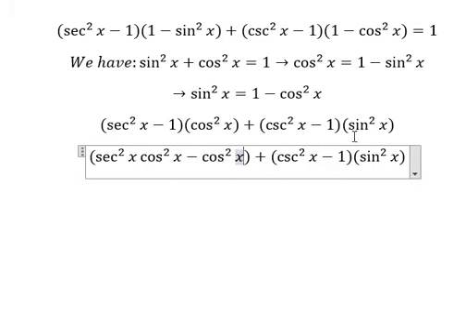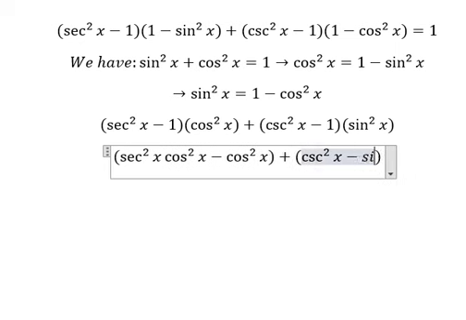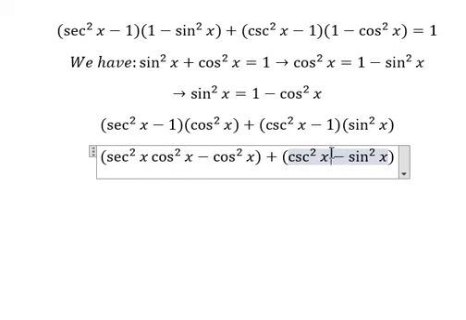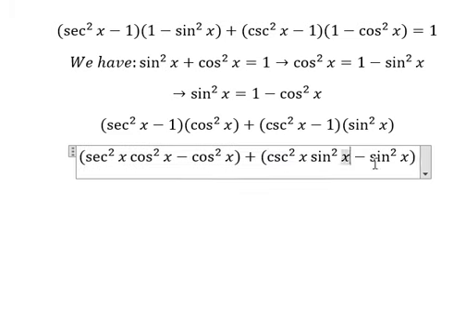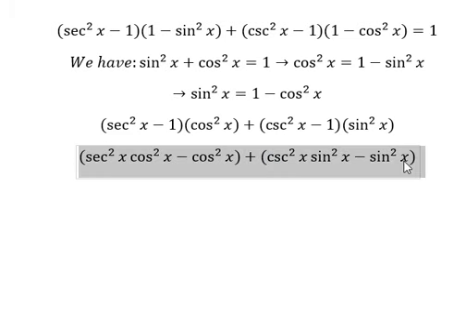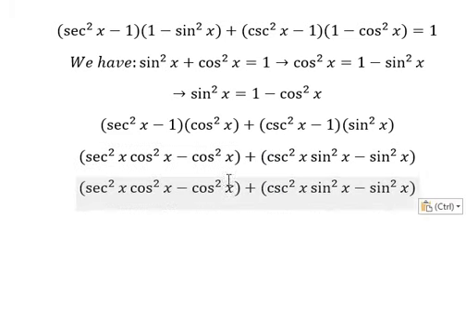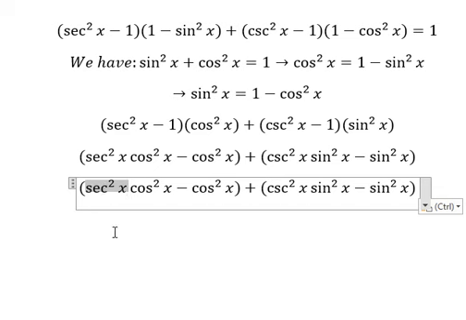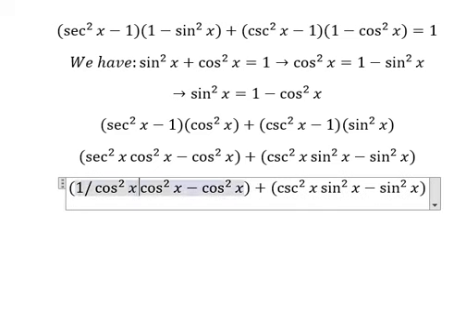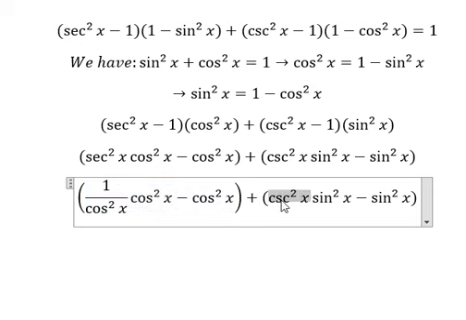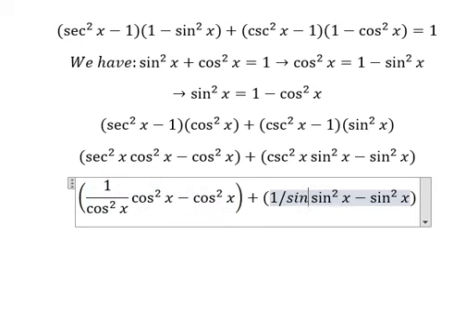And sin² s multiplied by this one and number 1. So sec² s we change by 1 over cos² s, and this one we change by 1 over sin² s.